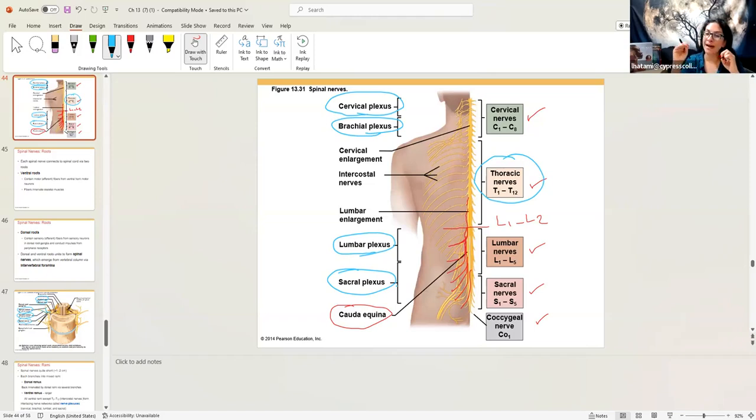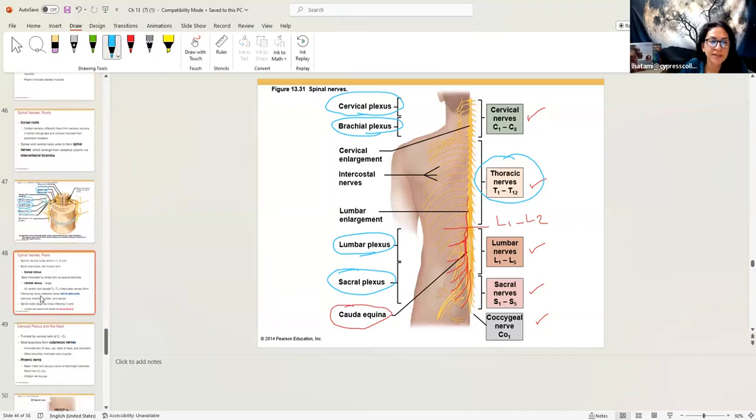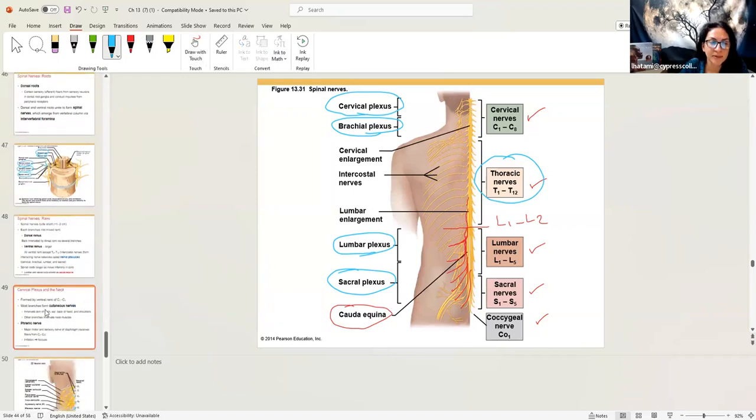Each passes between the ribs and is called an intercostal nerve. So the intercostal nerves are the ventral rami of T1 to T12, which pass through the costal groove or intercostal space, the space between the ribs, and innervate the intercostal muscles.